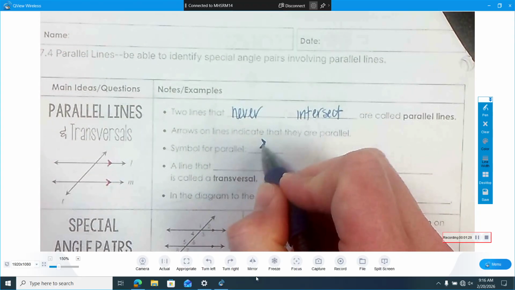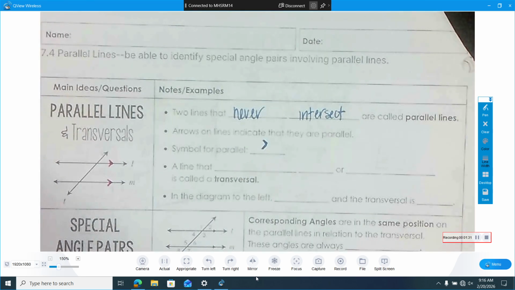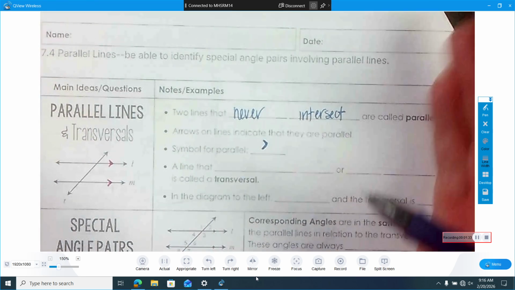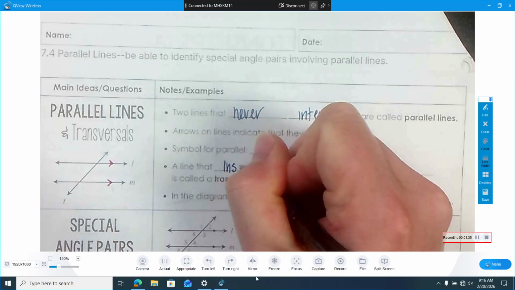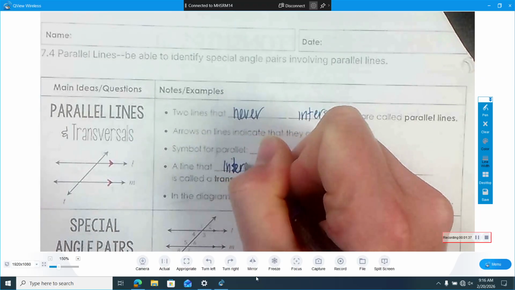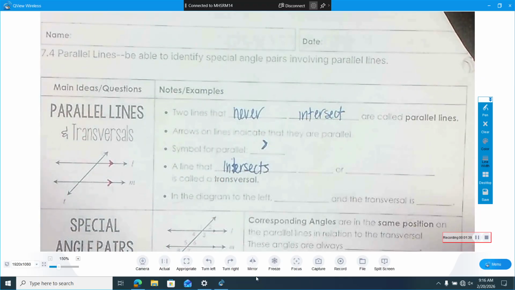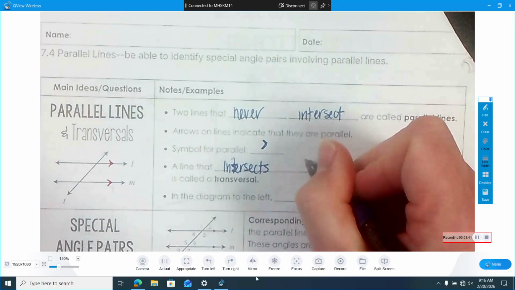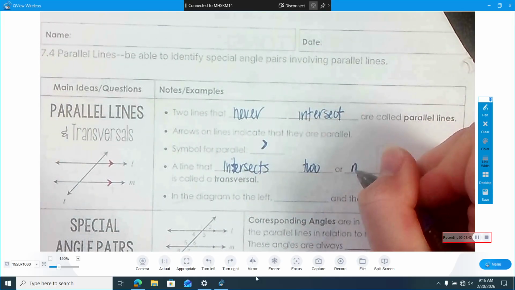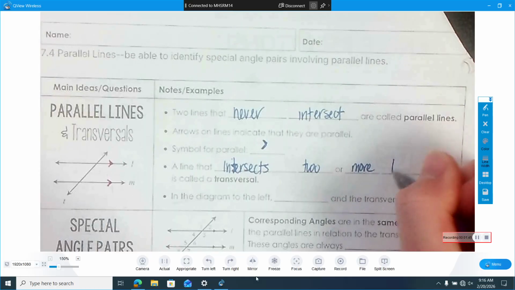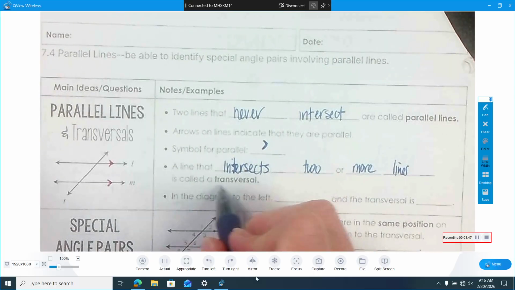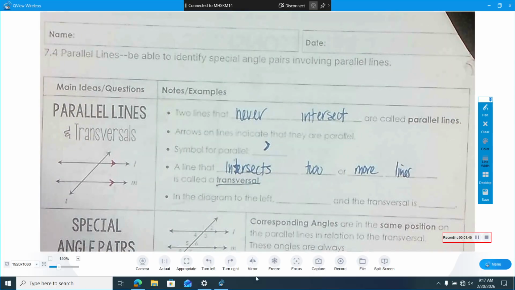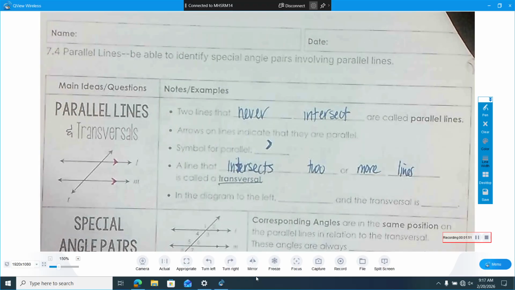A line that intersects, I-N-T-E-R-S-E-C-T-S, a line that intersects two or more lines is called a transversal. Trans means like across.